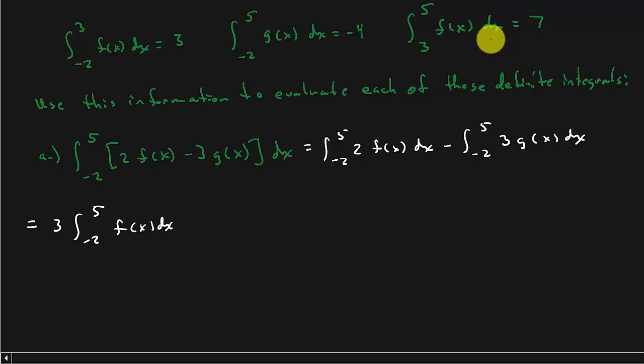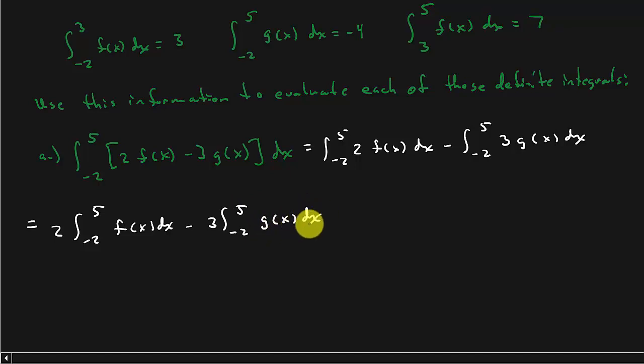Oh, wait a minute, I messed that up. That should be a 2 there. See, I just pulled the 2 out, and then minus, and then I'm going to pull the 3 out, -2 to 5 g of x dx.